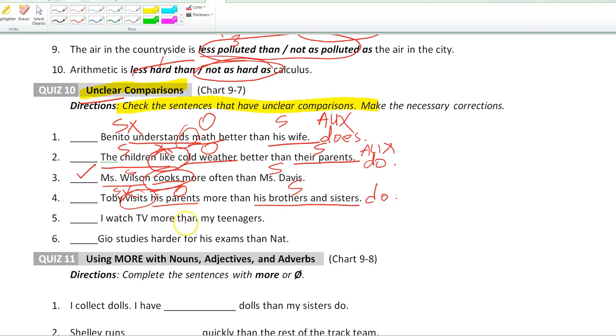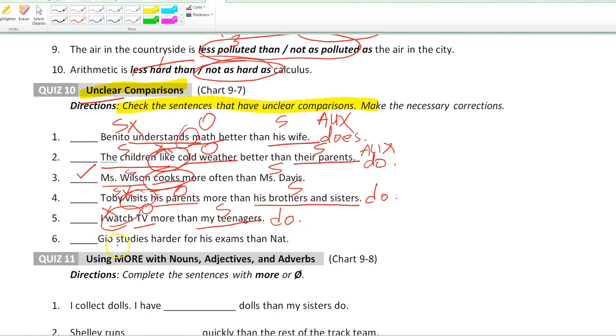I watch TV more than my teenagers. Okay, so we have watch what? TV. We have an object. We need this to be a subject, and so we have no aux, and it's present tense. My teenagers, that would be they. More than my teenagers do.